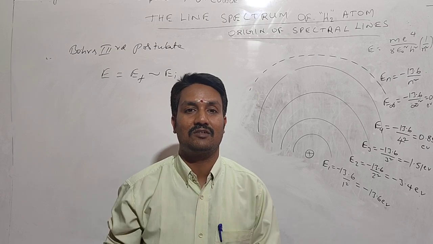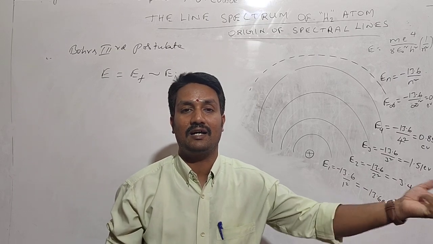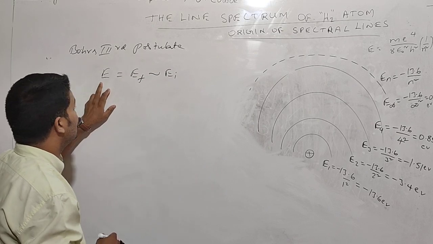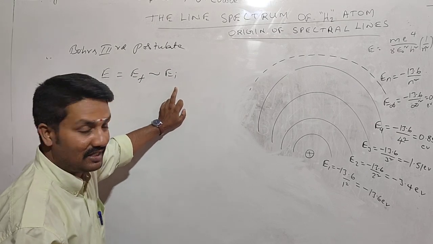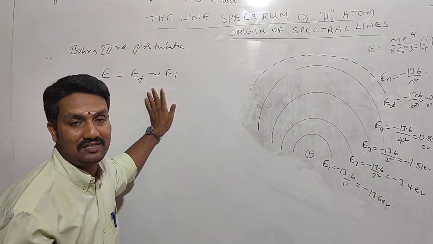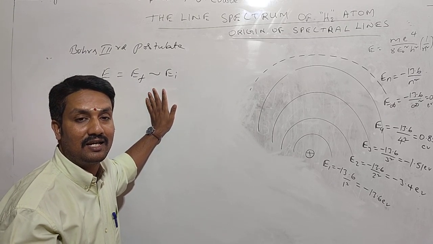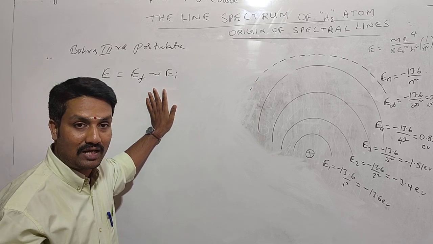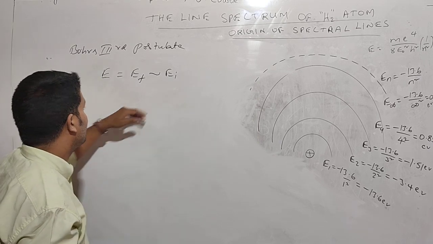The released energy is equal to the difference between the energy states, that is E is equal to Ei minus Ef. So this much energy may be acquired or released in order to get the excitation of the electron from one orbit to another orbit.